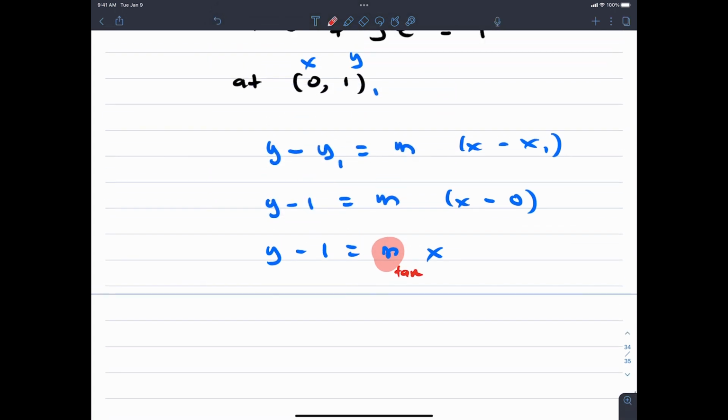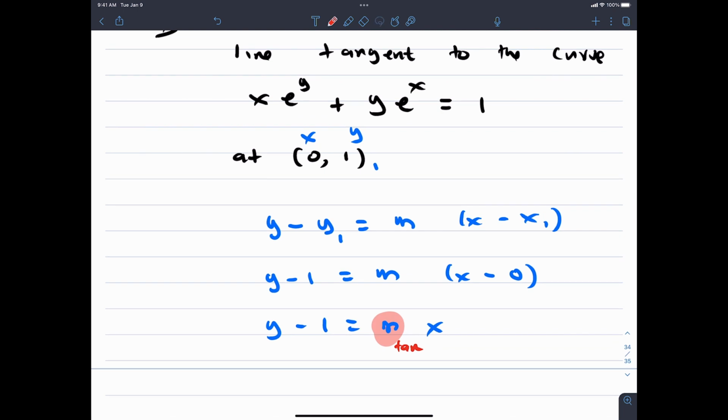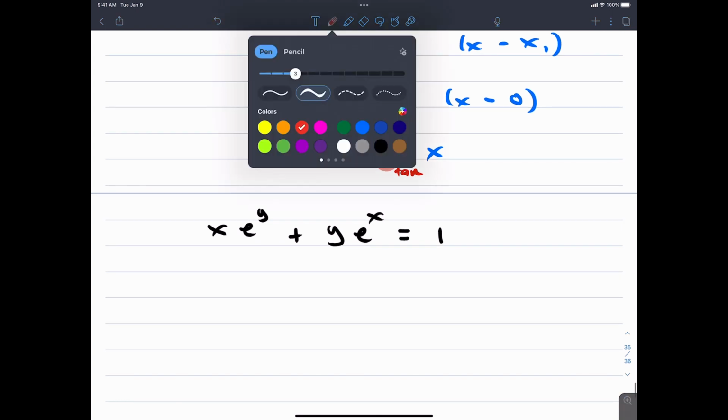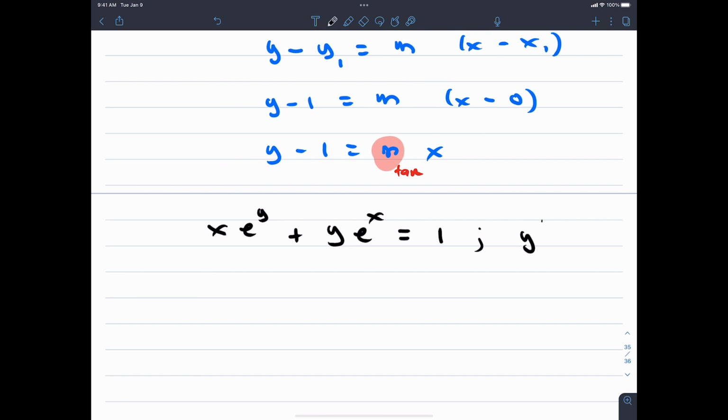M tangent. But anybody notice what they gave you? Do you guys know what this is, by the way? This is a relation. So if you have to find y prime for a relation, what am I thinking? I've got to find that derivative.